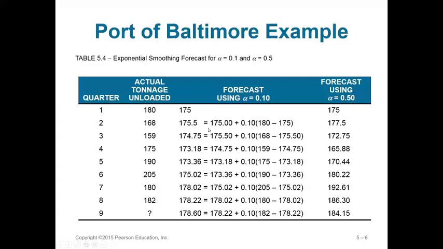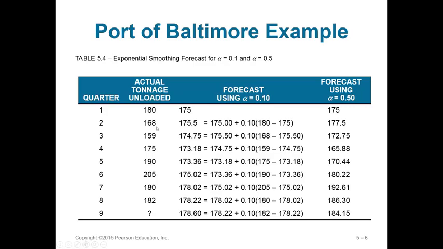So you would take what last month's forecast was and you would add the deviation that you had from it times a smoothing constant. So in this situation, 175 plus 0.1 times 5 gives you 175.5.